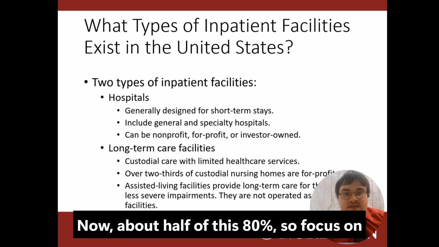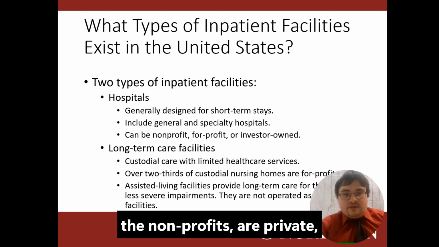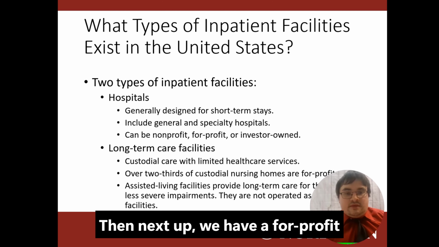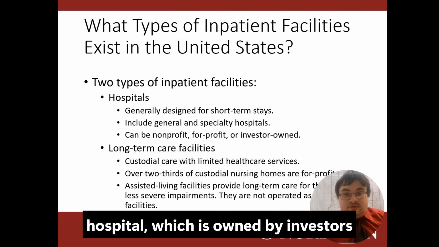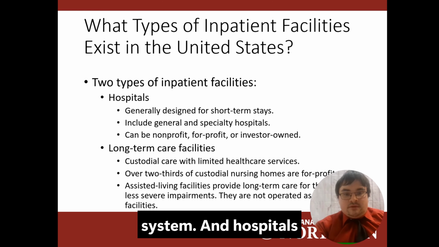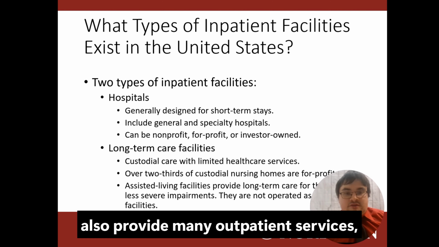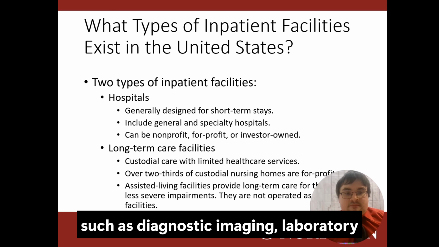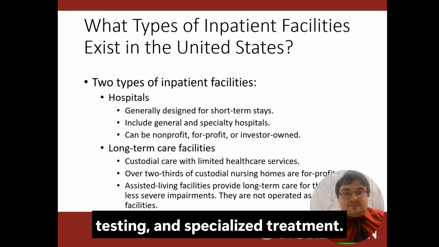About half of this 80%, so focusing on the nonprofits, are private and 20% are government run. Next we have our for-profit hospital, which is owned by investors and makes up roughly 20% of the hospital system. And hospitals also provide many outpatient services, such as diagnostic imaging, laboratory testing, and specialized treatment.